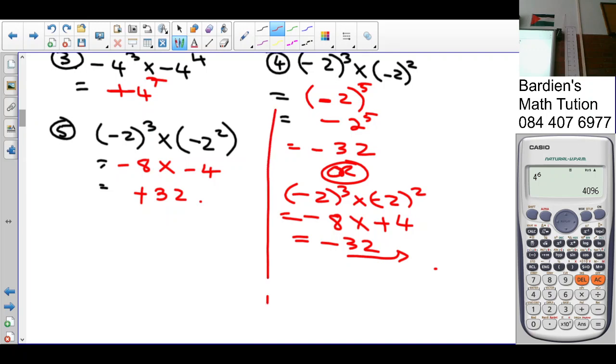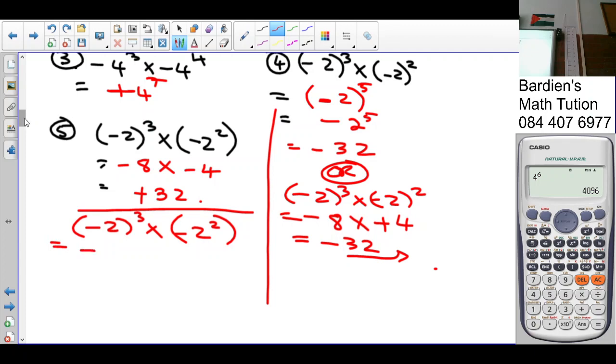Or, if you want to use exponents, this could have been negative to the 3, it's going to be negative. Negative to the cube is negative 2 cubed, times negative 2 squared. That's all. What is negative times a negative? Positive.